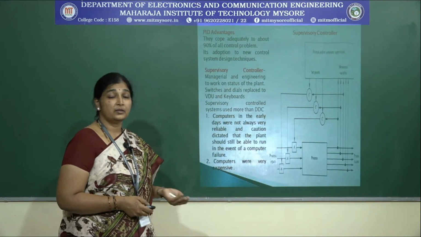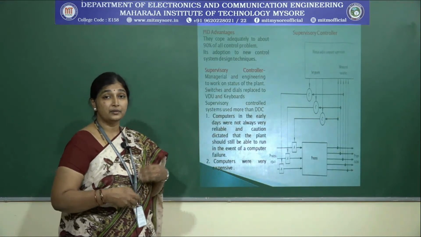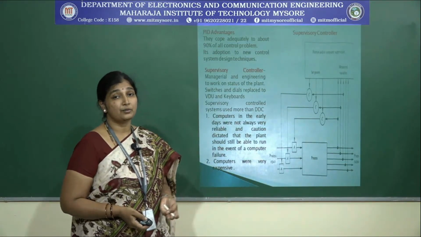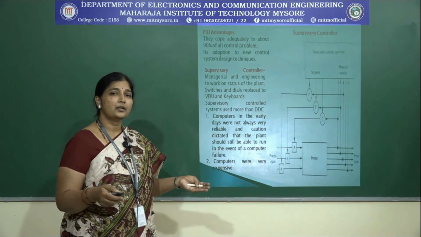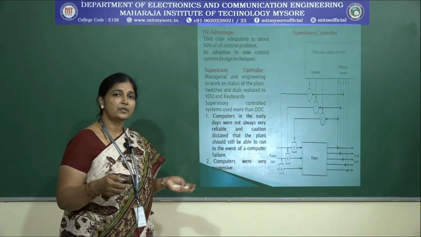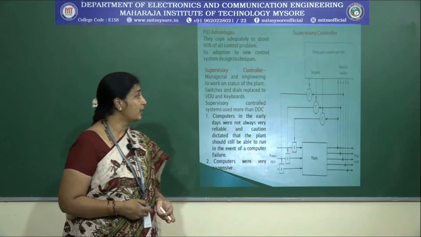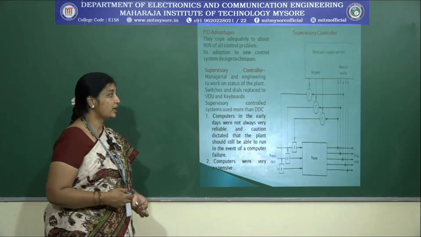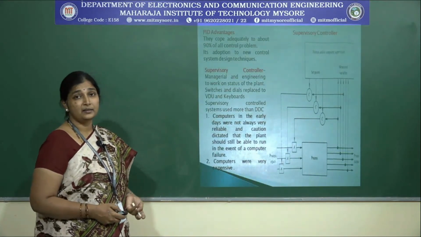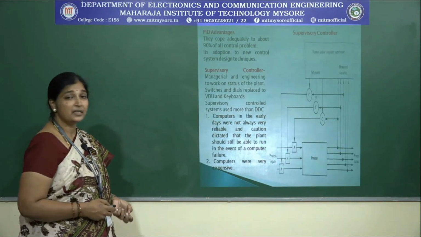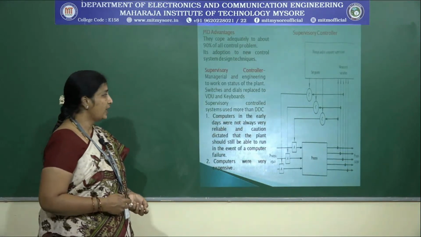So those analog systems were mainly converted to VDUs, that is visual display units, and keyboards. Doing that, the complexity of the system also increases, isn't it? So that's the reason the supervisory controller is used rather than the DDC, the direct digital controller.